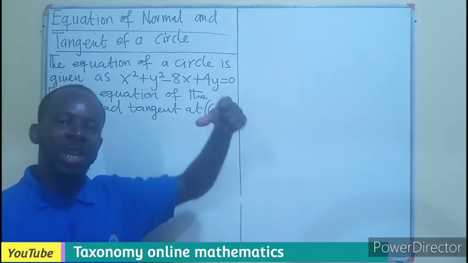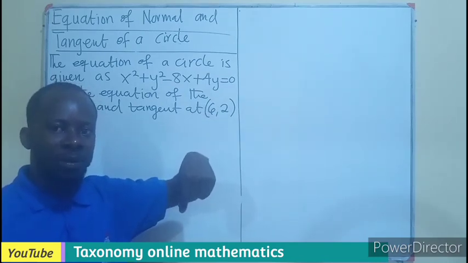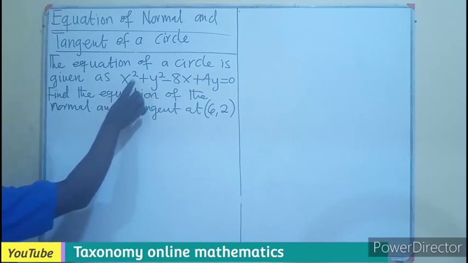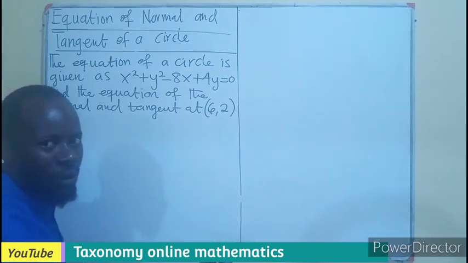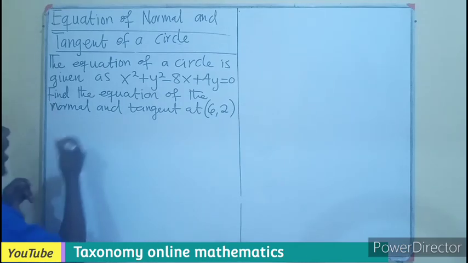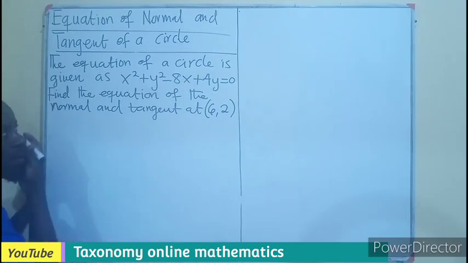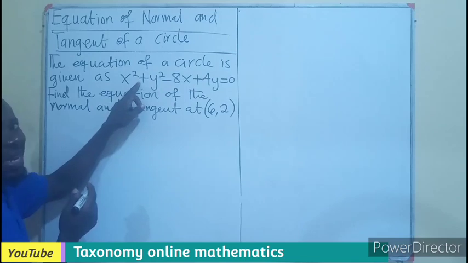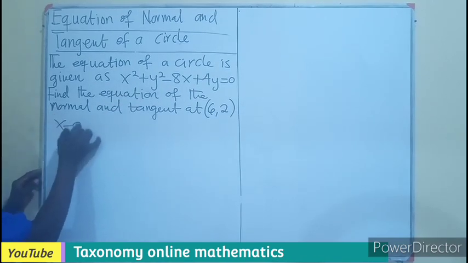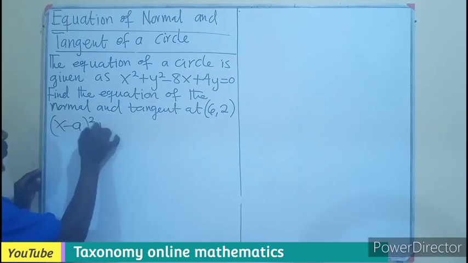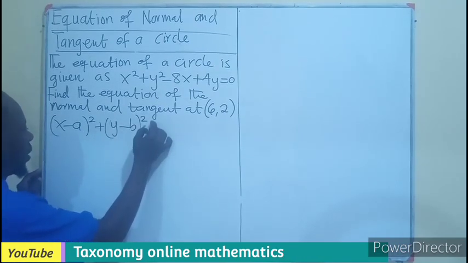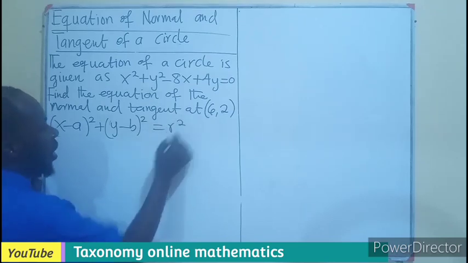What do we need? We need the center. We know the center and the point P is what we are going to use. So comparing this to either the standard form or to the general equation, we can find the center. Let me use the standard form first. We know the standard form is (x minus a) squared plus (y minus b) squared equals r squared.